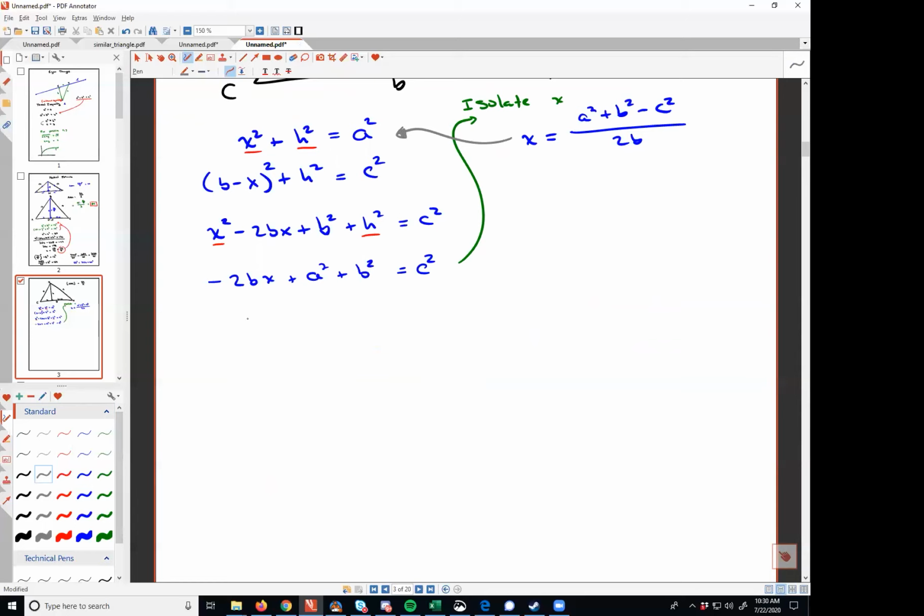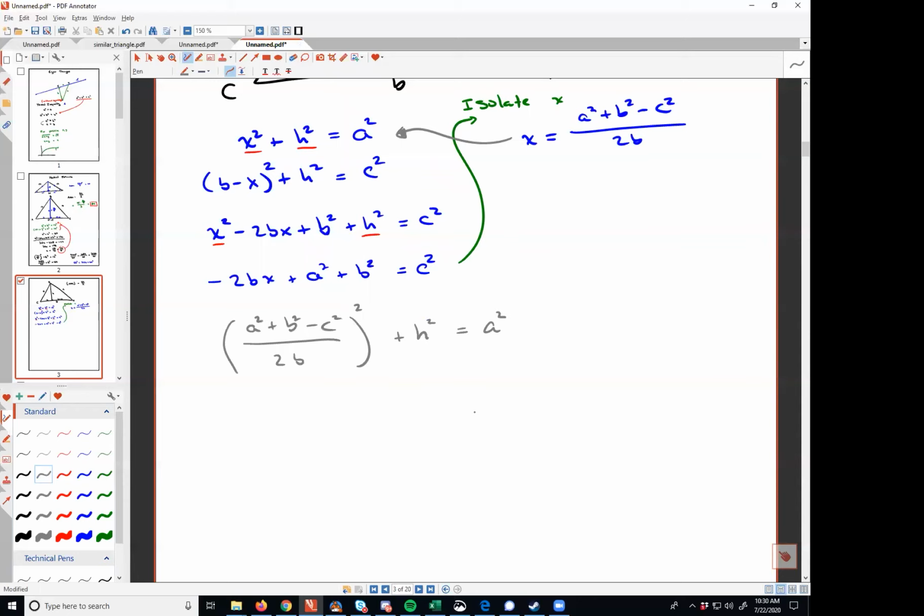That looks really scary. Oh, wow. That's the equation we have to work with.